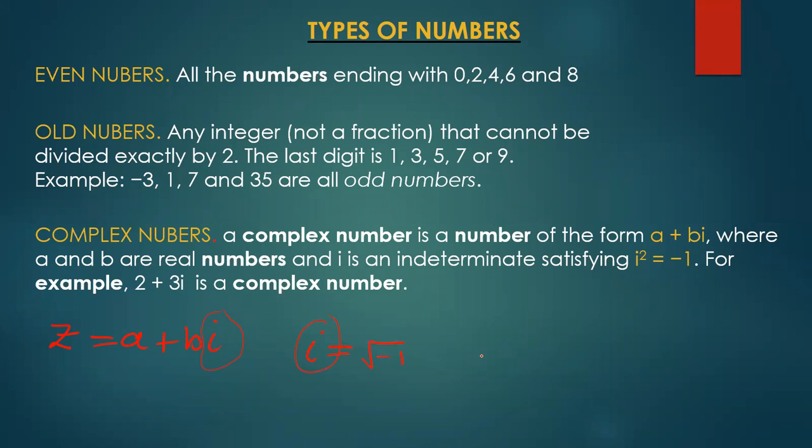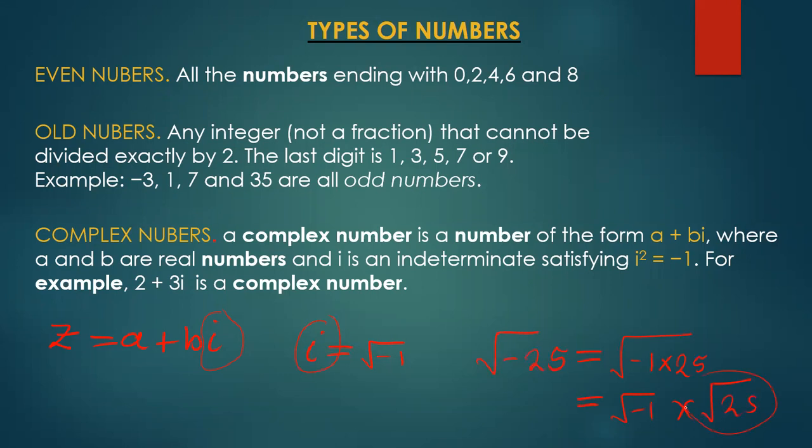For instance, if they tell you to find the square root of -25, it can be written as the square root of -1 times 25, which can also be written as the square root of -1 times the square root of 25.